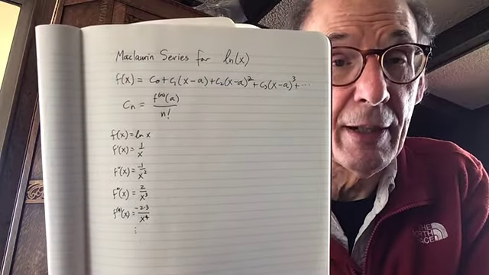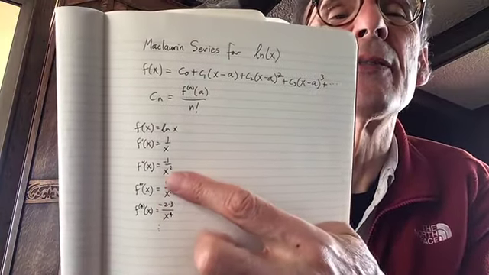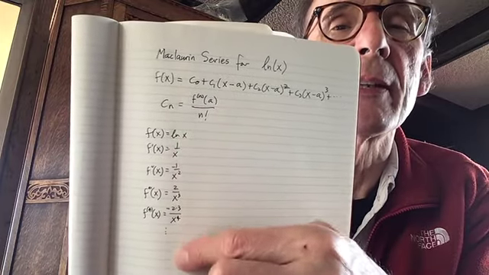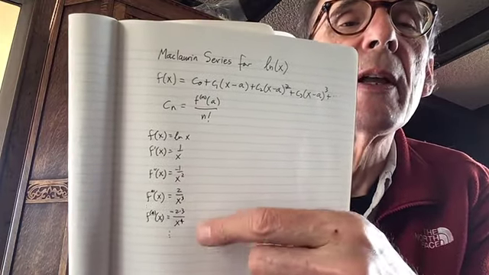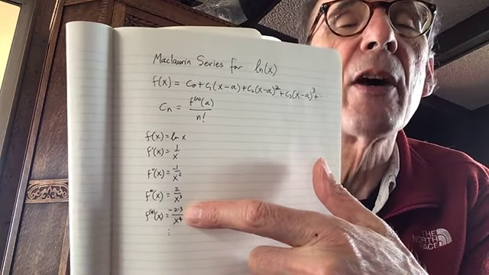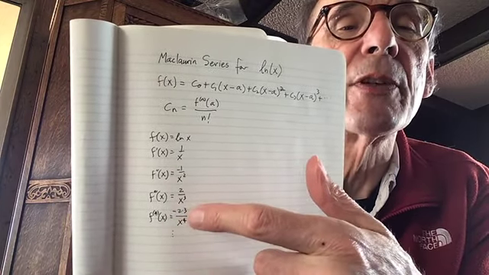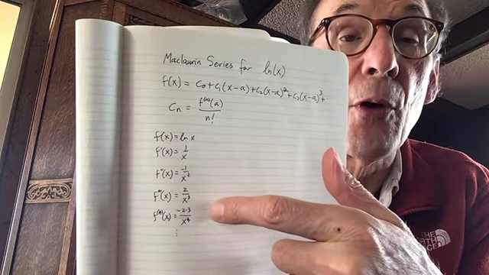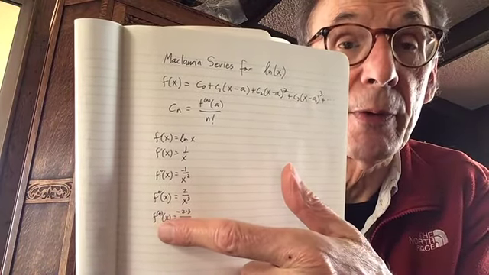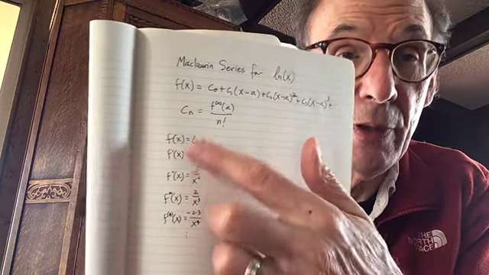Those are things that you did in Calculus 1. You may not have gone this far. I mean, you probably took each of these derivatives but didn't see how they were all connected to logarithm. So here we're going. Now you see here you got this factorial thing going on top. The next one's going to have 2 times 3 times 4, and that will be not 5 factorial, but 4 factorial. So that's what's going to be going on.